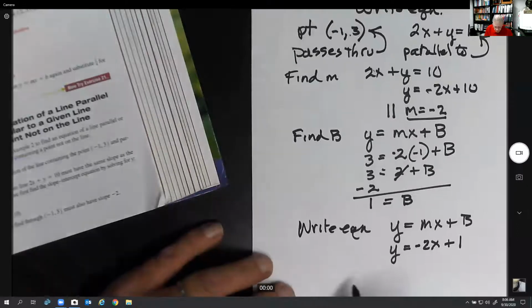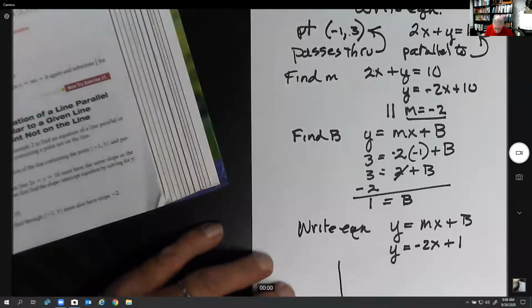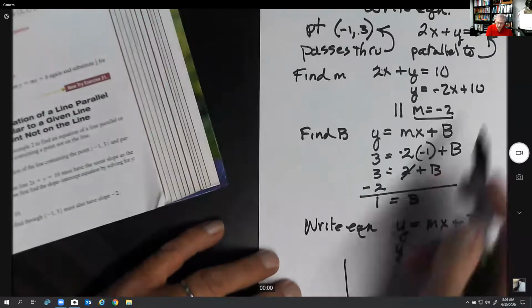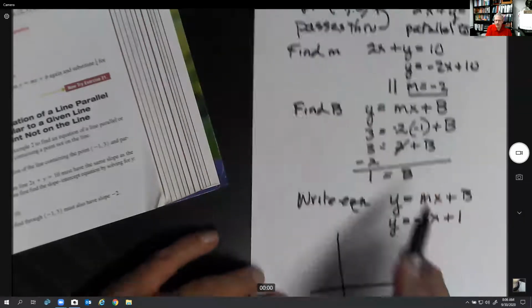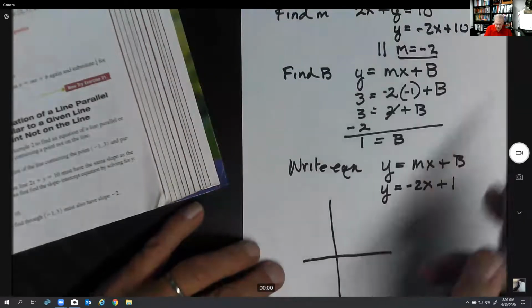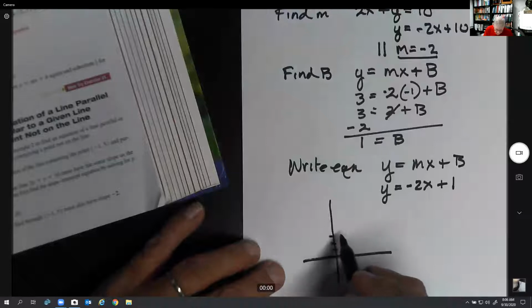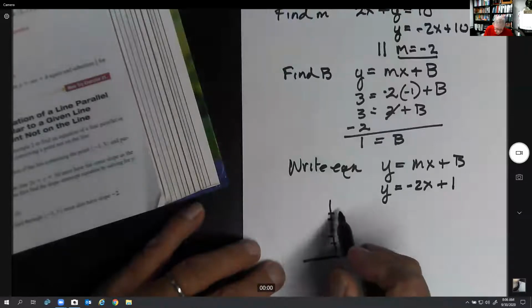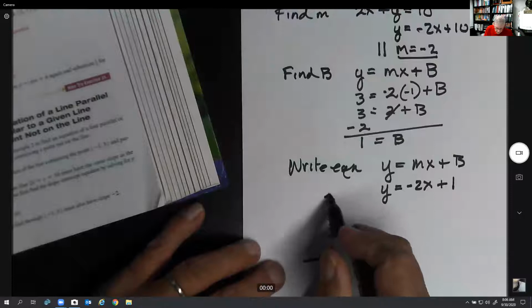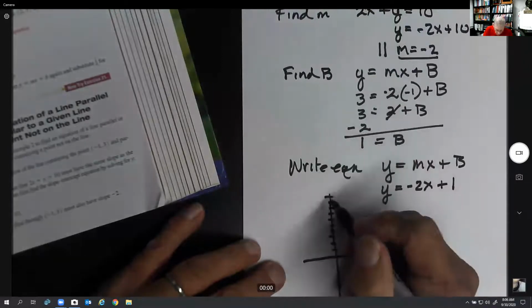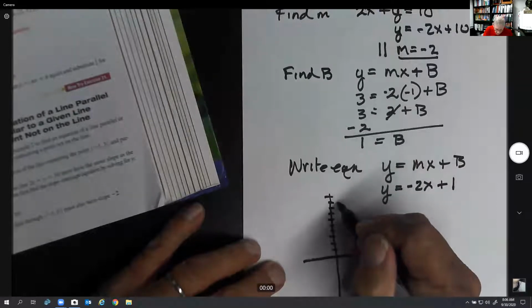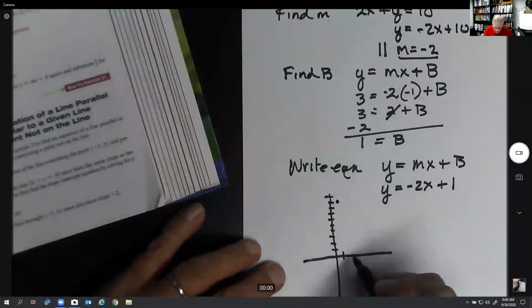Let's see if I can make a little sketch of it. The original equation was starting at right here at 10, and it was going down 2 and over 1. Kind of hard to draw it, and I should use scrap paper here.